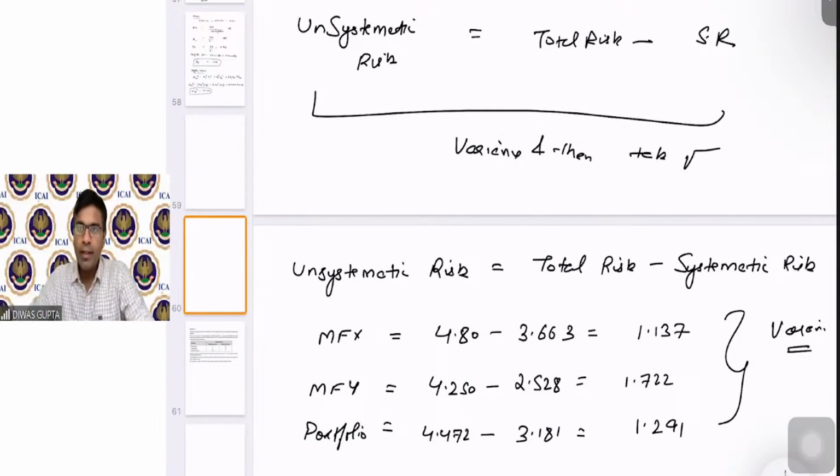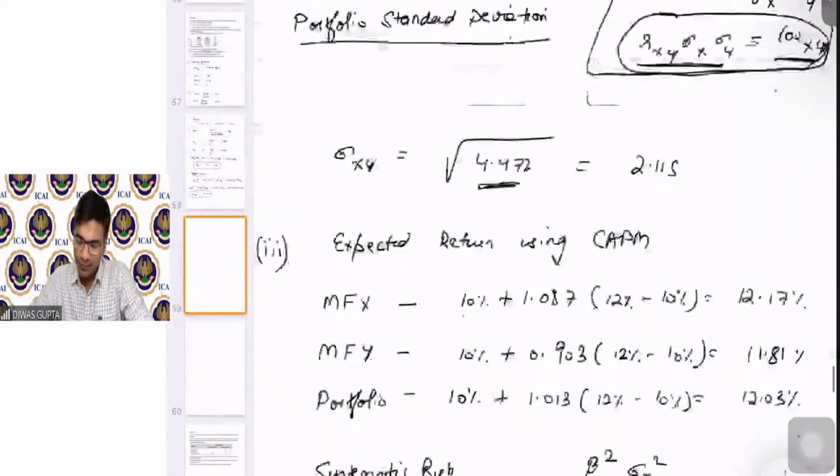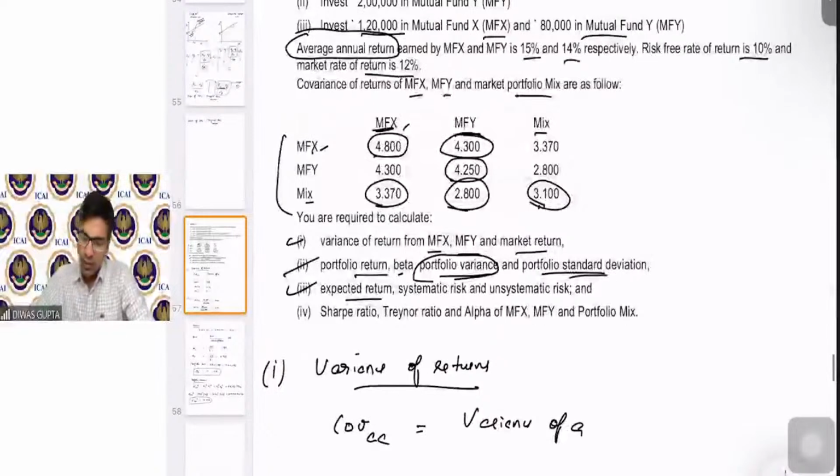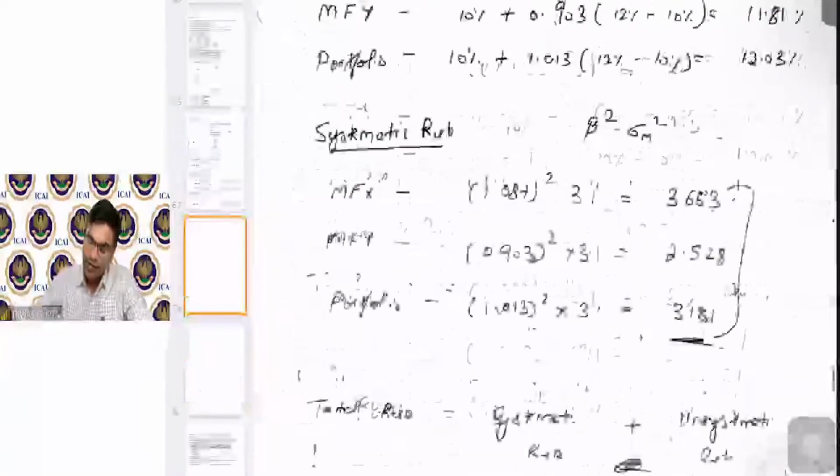So let's come to the next part of this question. Sharpe's ratio, Treynor's ratio, and alpha of X, Y, and portfolio mix. Can we calculate that? Yes.